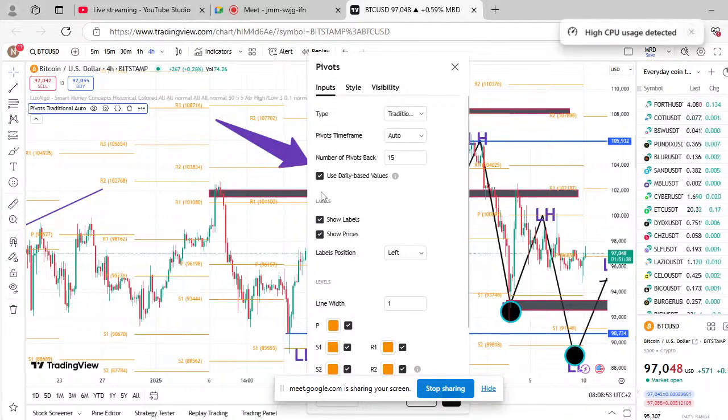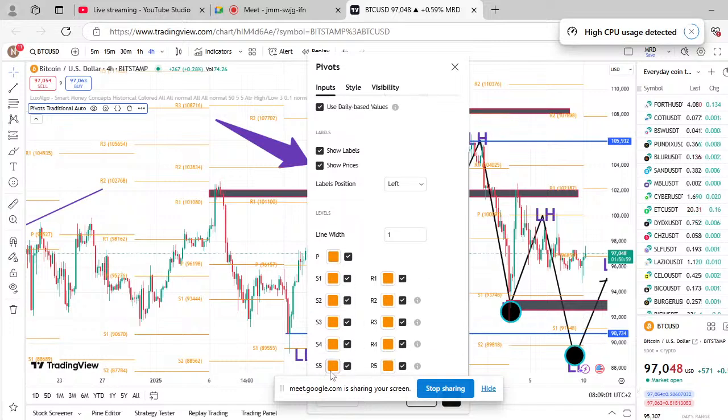It is a matter of ticking use daily best values. Put a tick there. Show labels, show price. Make sure you have a tick there. Then here it is P. It means pivot. Then whenever you see S1, S2, S3, S4, S5, those are the supports.